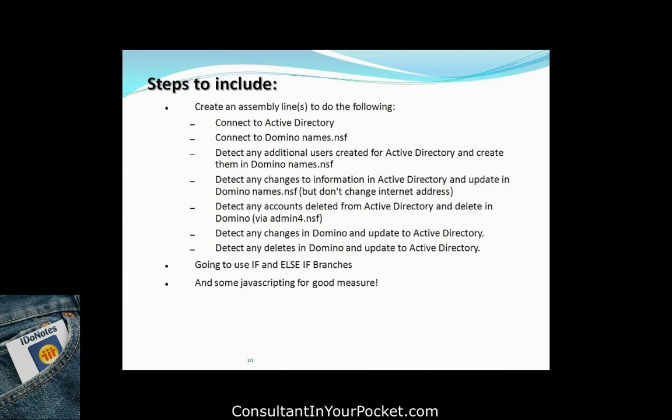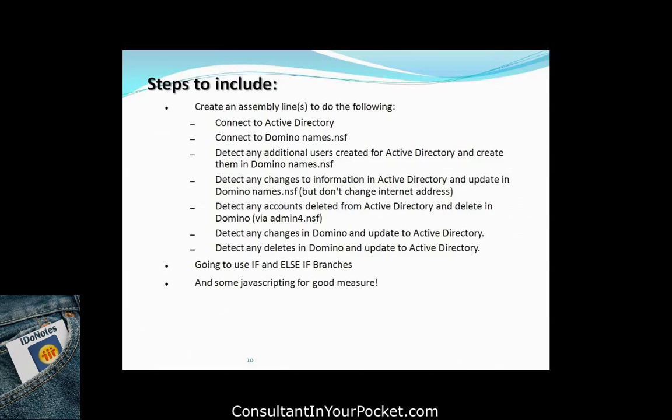For example, a person has left the company, and Active Directory is the manager of all kinds of authentication processes, so the AD owner has deleted the account. Well, we want to make sure that the Domino account is deleted as well, and we've got a process that will delete it in Domino via AdminP.